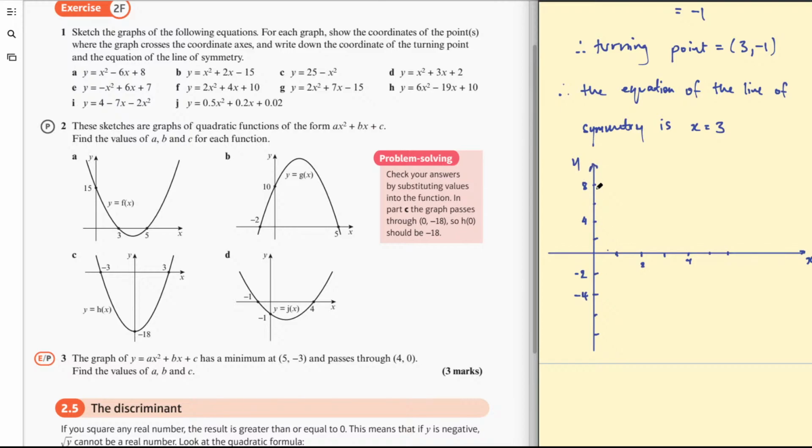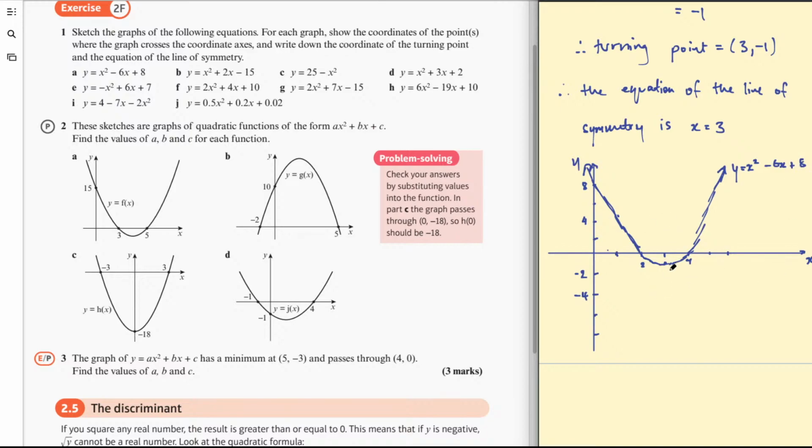So the y-intercept was 8, so I'm going to go down from 8 to the first x-intercept, and then down to the minimum of (3, -1), and then up to the other x-intercept, and then over here somewhere. Okay, good enough. So this was y equal to x squared take 6x plus 8.